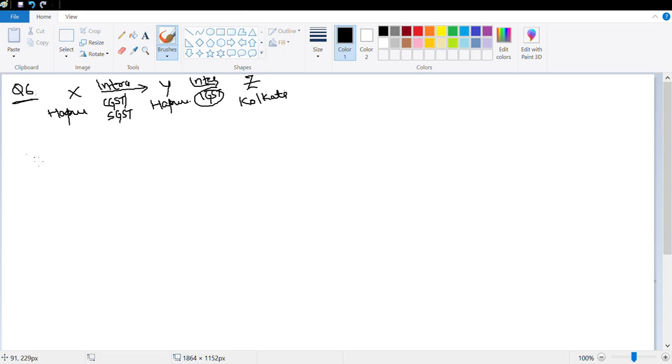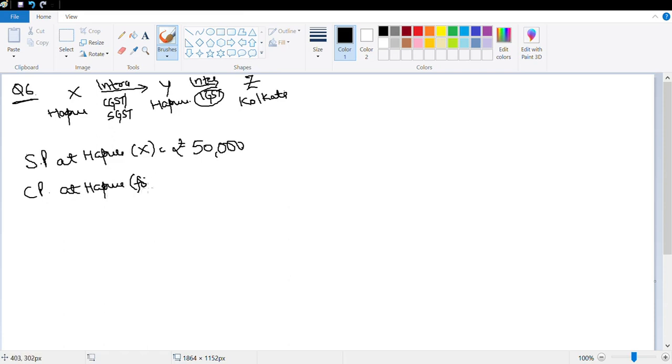Let's write it in English. So selling price at Harpur, this is for X, is equal to rupees 50,000. Perfect. Cost price at Harpur for Y is equal to rupees 50,000.